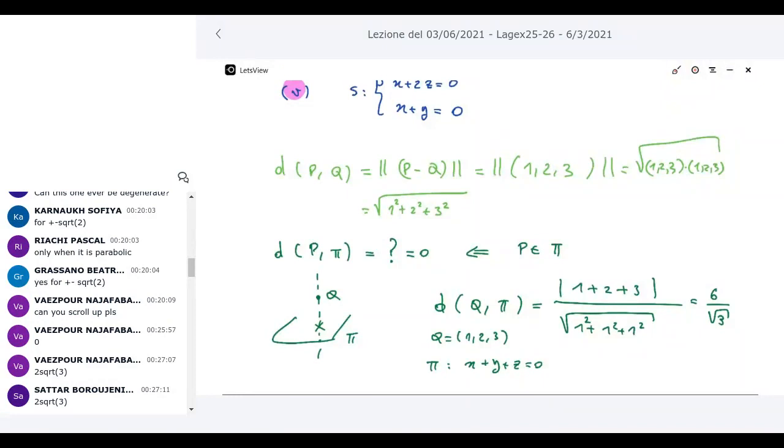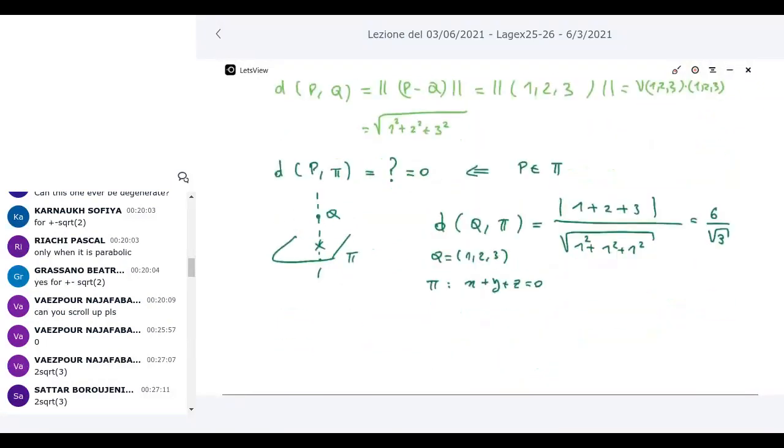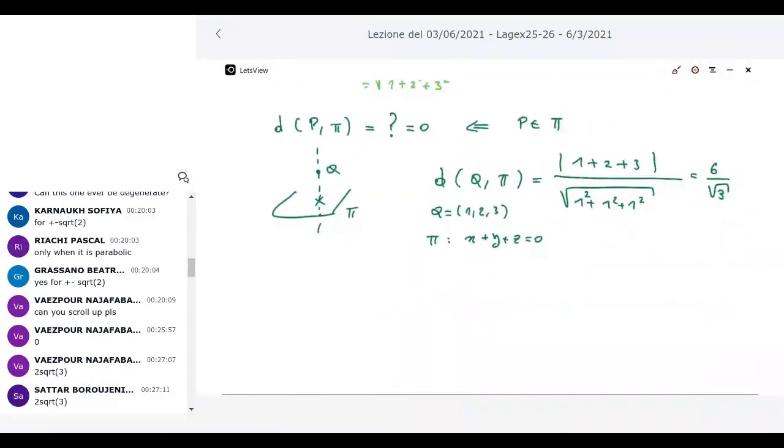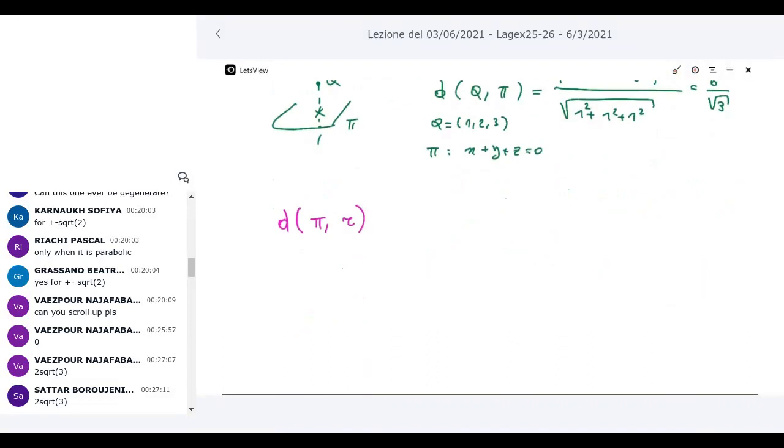Okay, now let's see, for example, how we can compute the distance between, say, the plane pi and say the line r. So to compute the distance between a plane and a line, what do we get here?